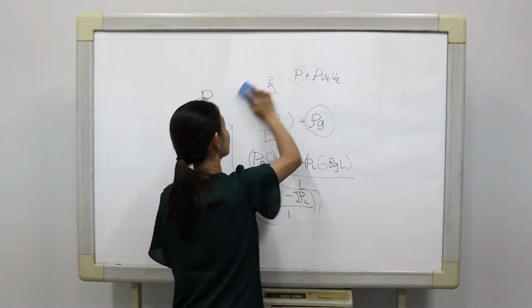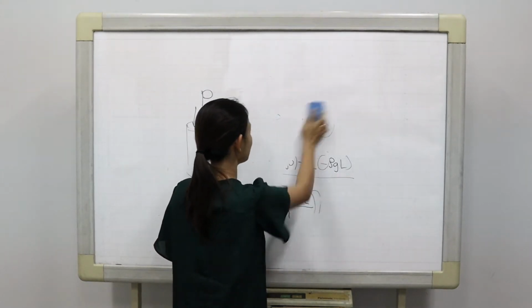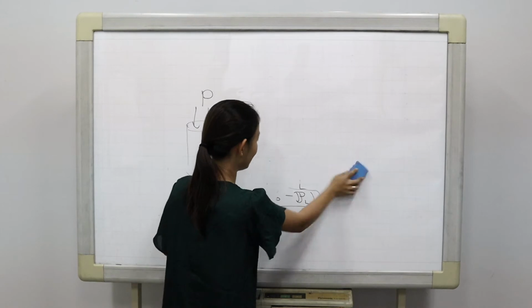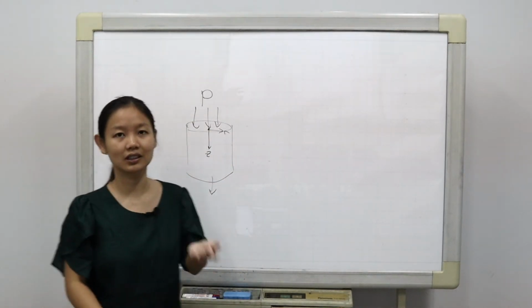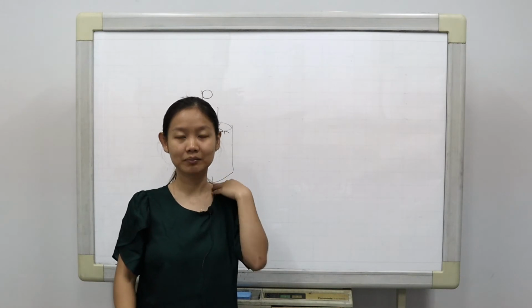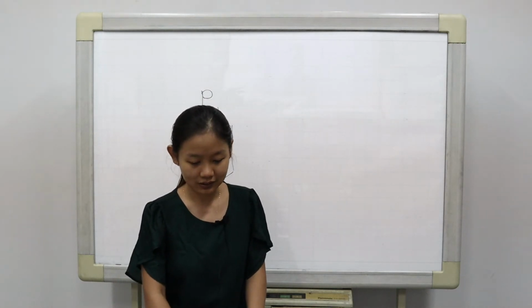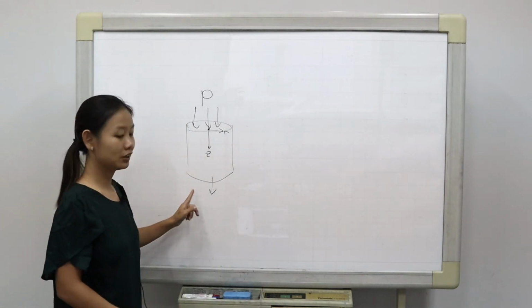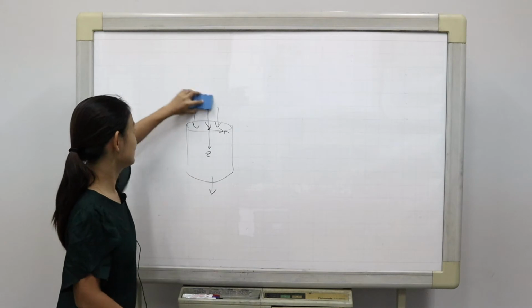Do you still remember, or are you okay with using the equation of change? Or are any of you still confused on how to use the equation of change table? Good? Okay.